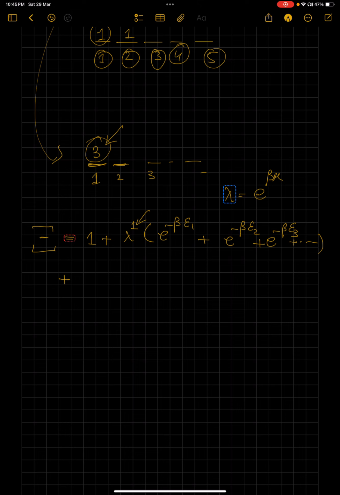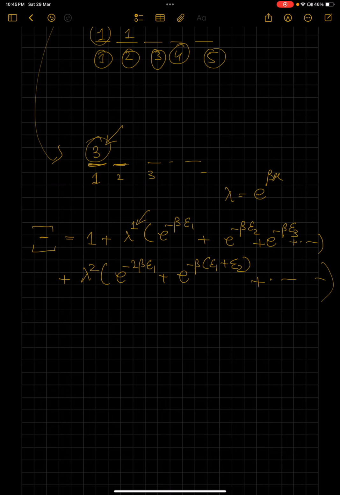And then I will write two particle states. Two particle states can be written as e to the power minus 2 beta E1 plus e to the power minus beta (E1 plus E2), all possible combinations, and so on.